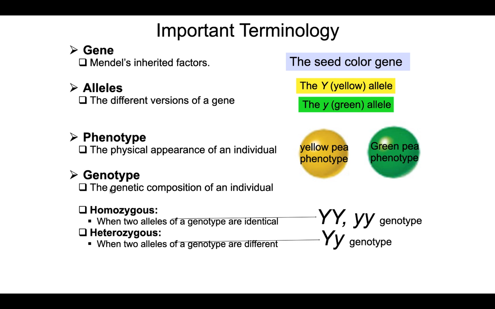The genotype is the alleles that you have, the big Y, the little y. The phenotype is the actual traits that you see, the yellow or green or white flowers or purple flowers. A homozygous state is when the 2 alleles of a diploid organism are the same. Heterozygous state is when they are different.